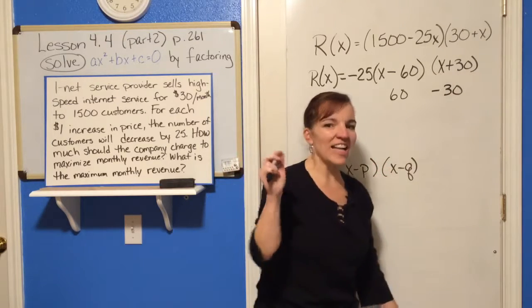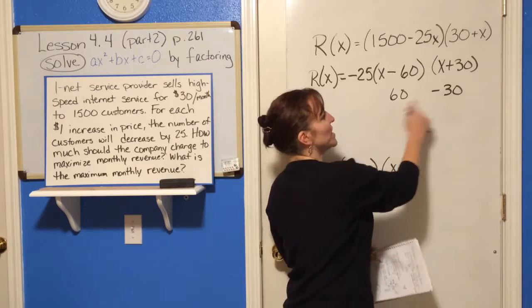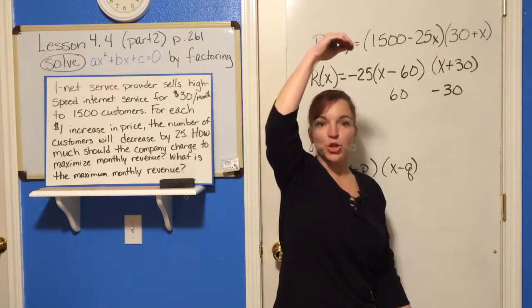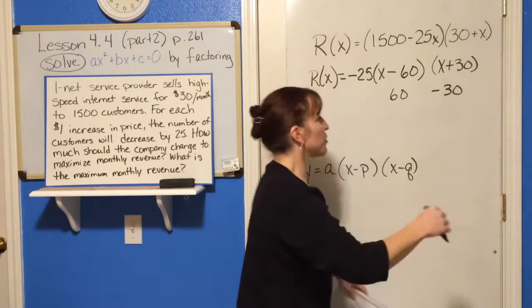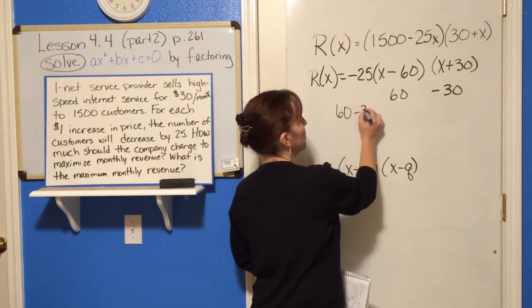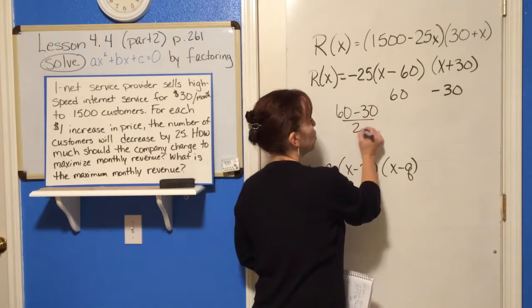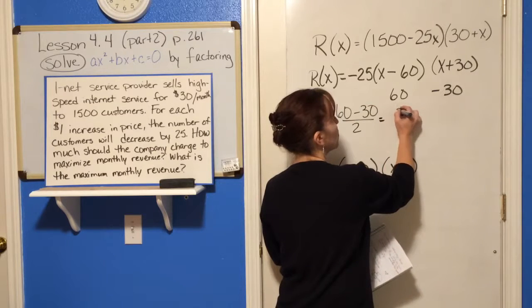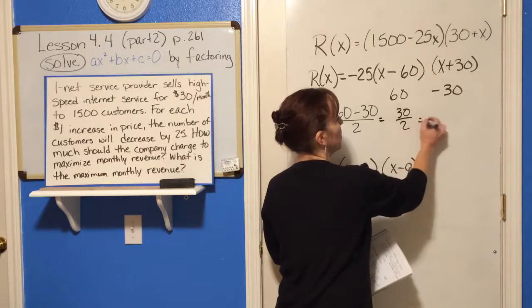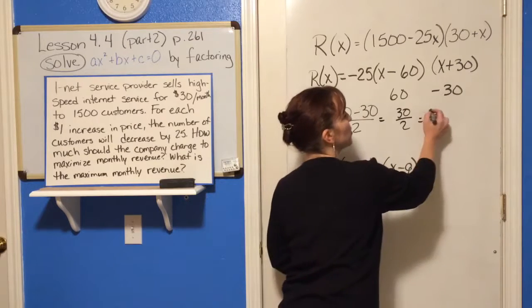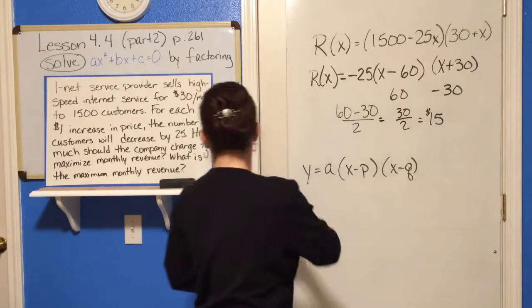So if we find halfway between 60 and negative 30, that's the place where the parabola is going to turn, at the very top, at the vertex. We take 60 plus negative 30, divide by 2. It's 30 over 2, which is 15. So $15 is our max.